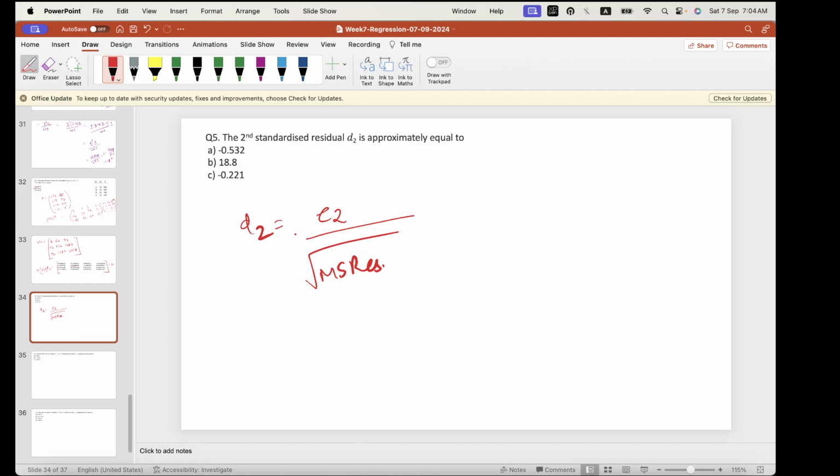Let us first fit the equation. So we have X transpose X inverse as this matrix.